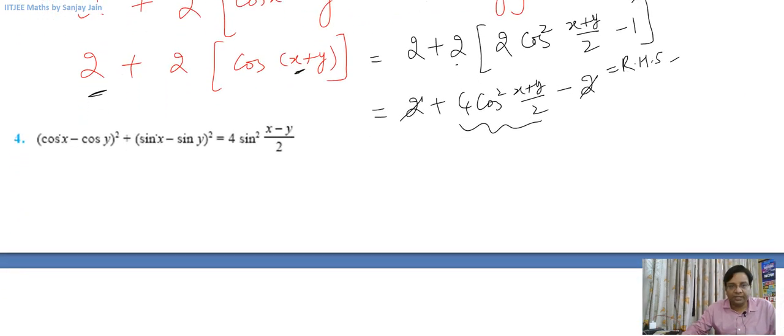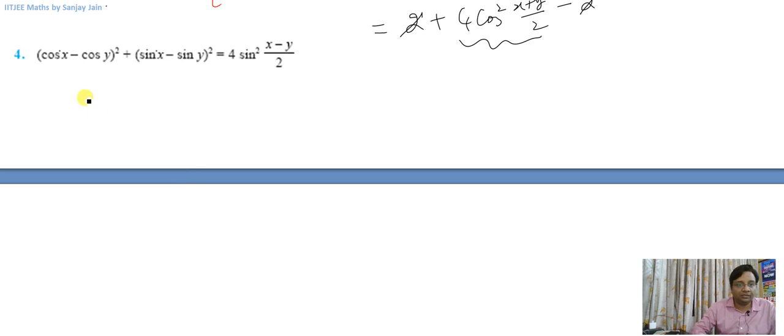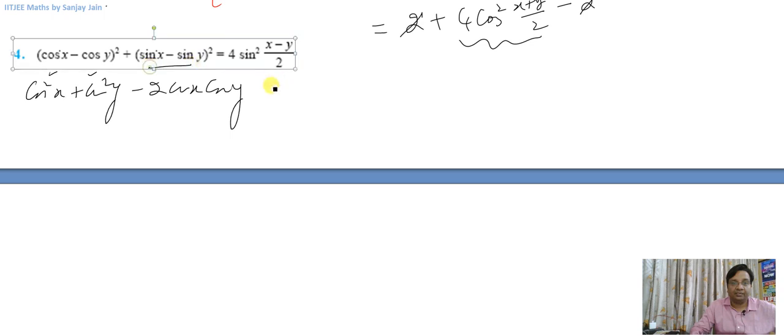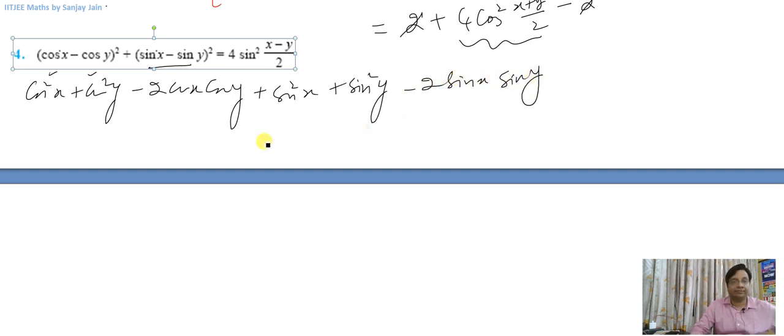Next one is pretty similar, so I should leave it for you, but let me do it. So this will give you cos square x plus cos square y minus 2 cos x cos y, and this will give you sin square x plus sin square y minus 2 sin x sin y.